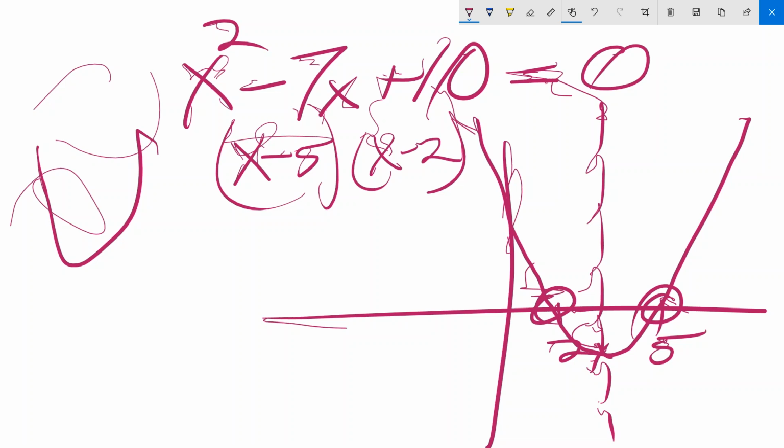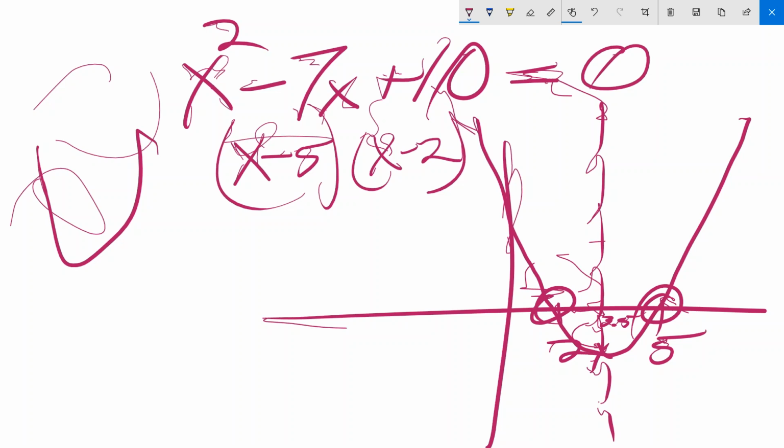What do you get when you add the two zeros together? The two zeros are at 2 and 5. Add them together. 7. Divide by 2. 3.5. 7 divided by 2 is 3.5.